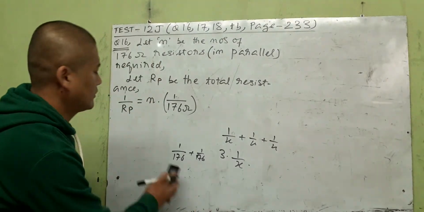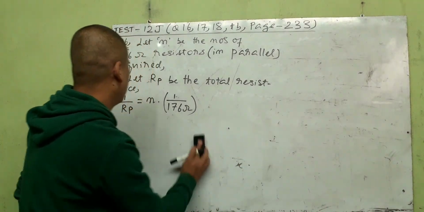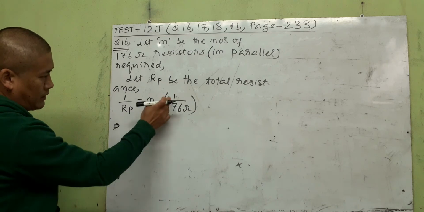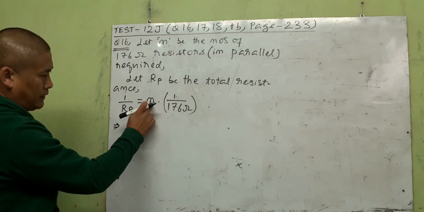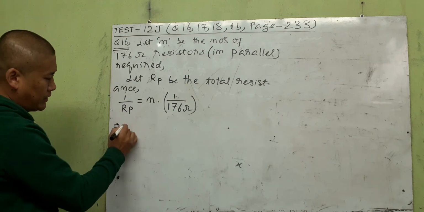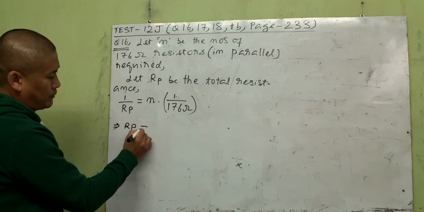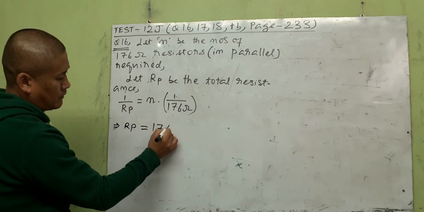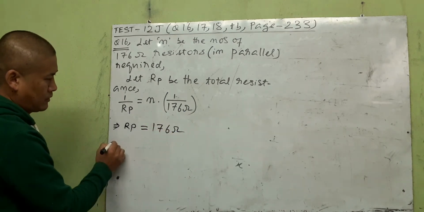That is the formula. Having done that, as we cross multiply, 1 into n, and then n into this, Rp up and down, Rp will be equal to 1 into 176, which is 176 ohms.